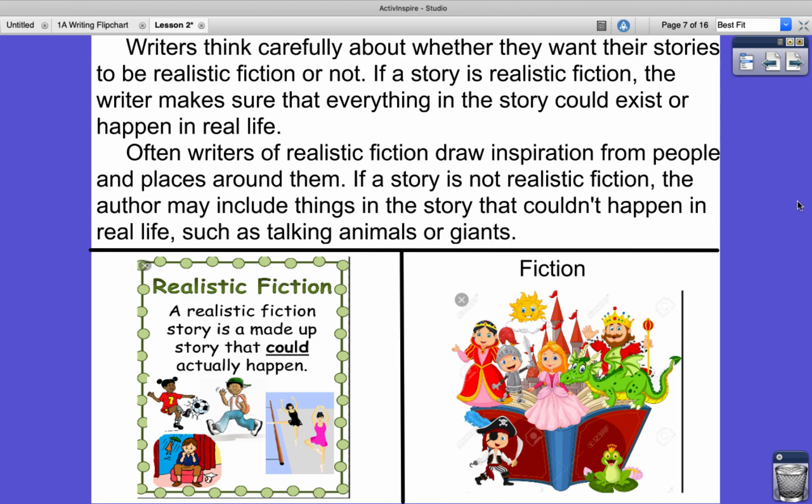Writers think carefully about whether they want their stories to be realistic fiction or not. If a story is realistic fiction, the writer makes sure that everything in the story could exist or happen in real life. Often, writers of realistic fiction draw inspiration from people and places around them. If a story is not realistic fiction, the author may include things in the story that couldn't happen in real life, such as talking animals or giants.